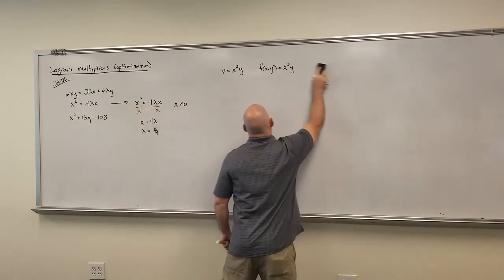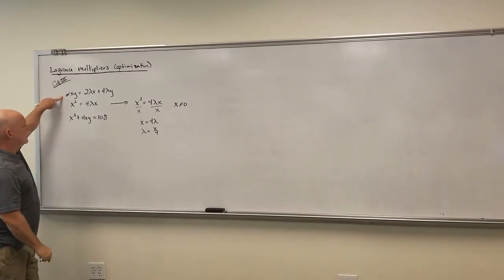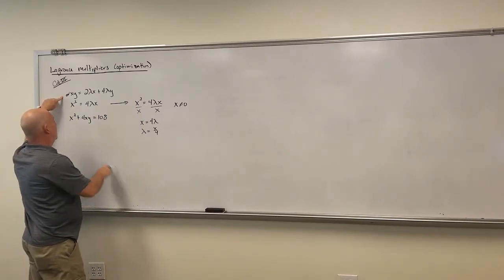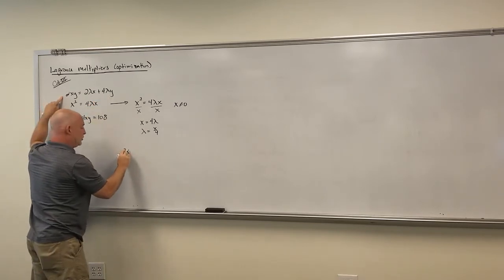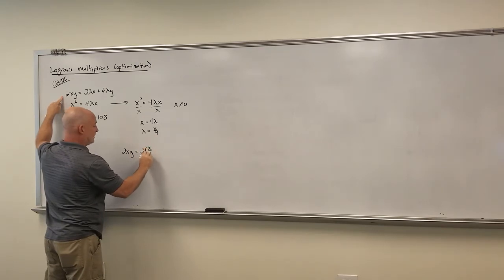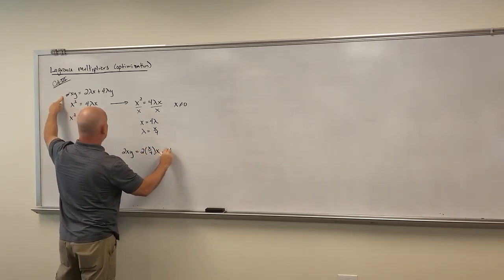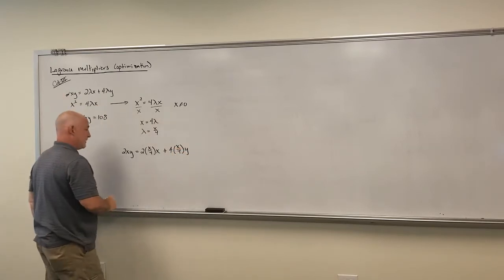So let's go ahead and get us some more room up here. Let's plug it into this one and see what happens. Because this one doesn't have any lambdas in it, my only choice is to plug it up here. So I get 2xy is equal to 2 times lambda times x plus 4 times lambda times y.